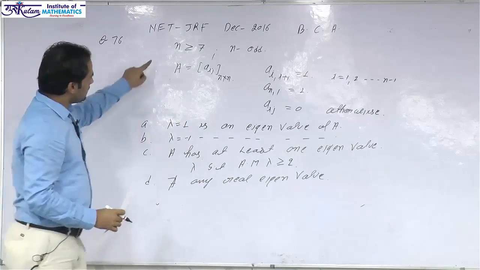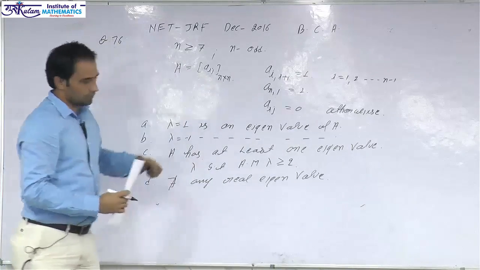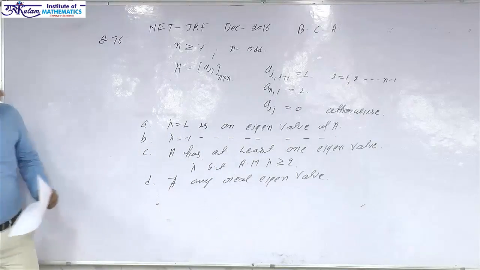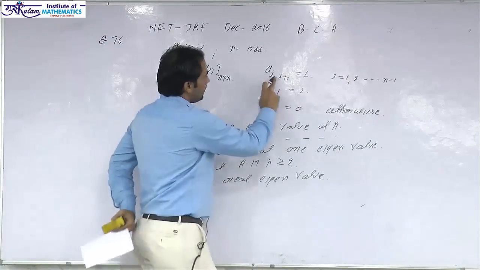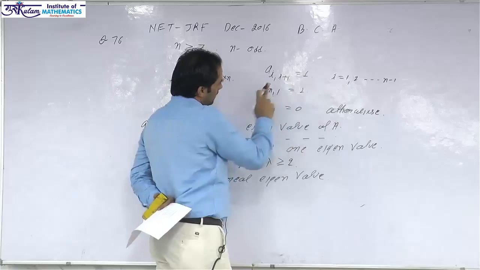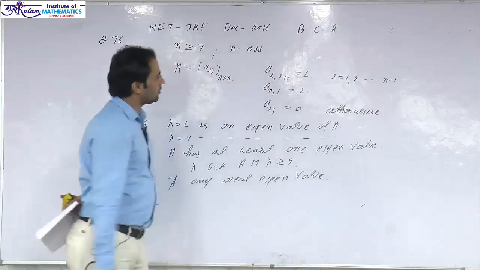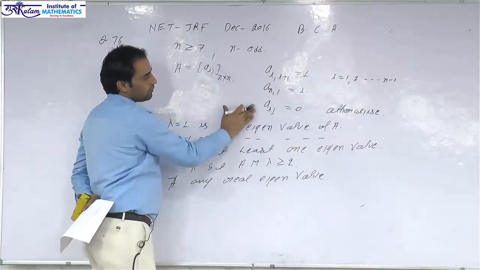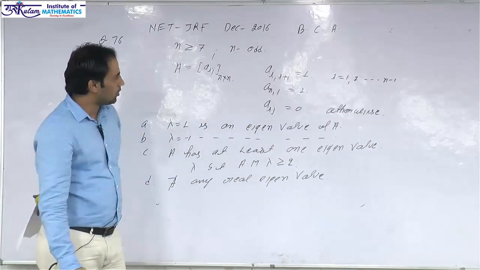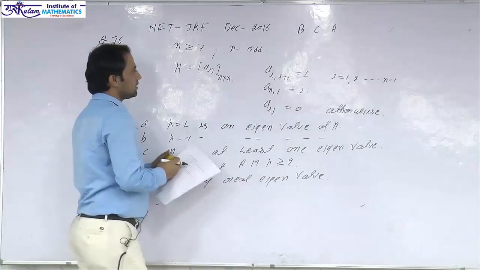So let's start with this matrix. What is this matrix A? The entries a_{i,i+1} are 1 and a_{n,1} is 1, and all remaining entries are 0. That is, the entries of this matrix are either 0 or 1. So let's construct this matrix.